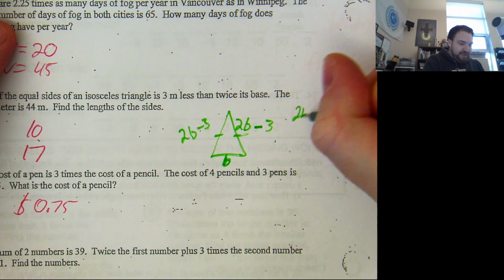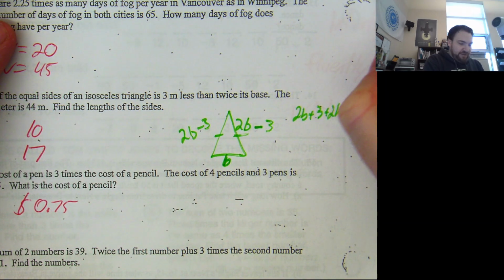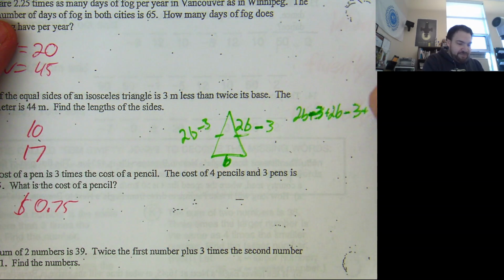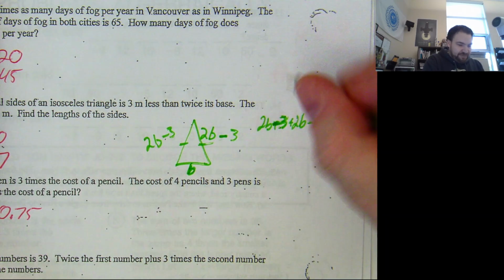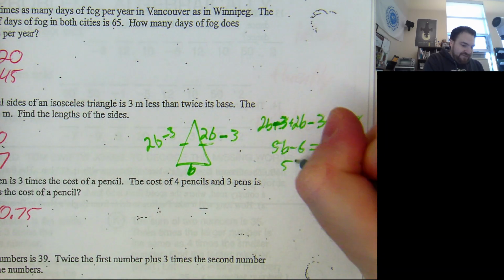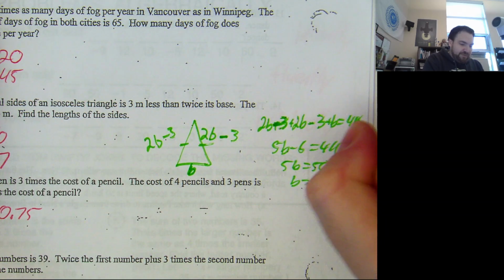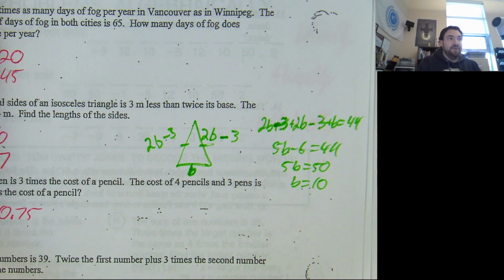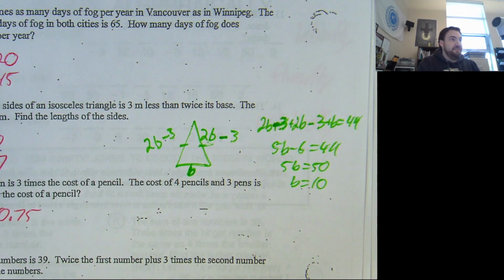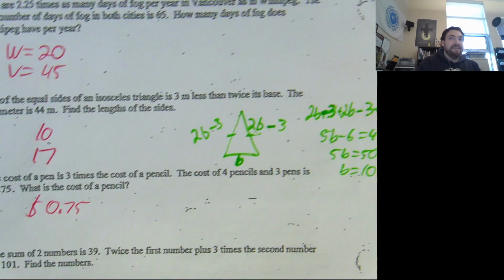So I'm going to have 2b minus 3 plus 2b minus 3 plus b equals 44. If I group my like terms, I'm going to get 5b minus 6 equals 44. So 5b equals 50, so b equals 10. Pretty cool with what I've done there. Okay, then 2 times 10 minus 3 is 17. So that's that.